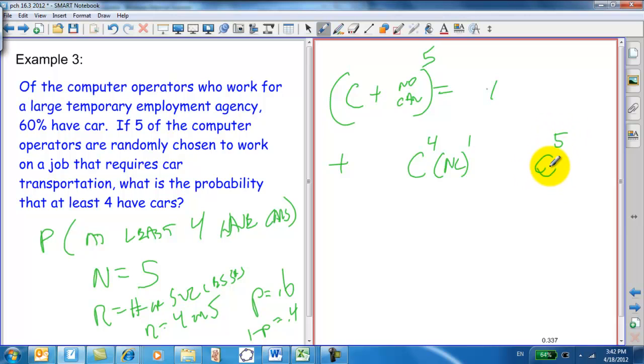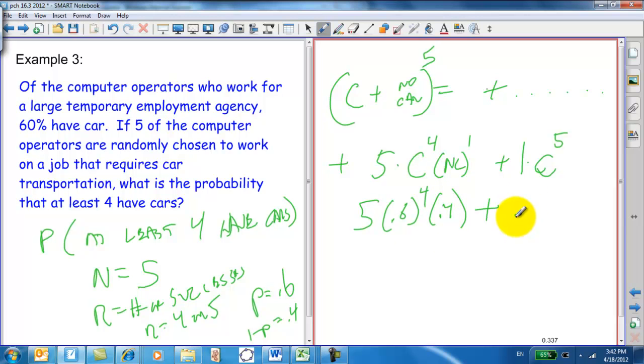And it's toward the end of the expansion where the coefficients would be 1 there and 5 from Pascal's triangle. So I left a lot out, but I only really wanted to know these 2. So it's 5 times the chance of a car is 60%, so 0.6 to the 4th, not a car is 0.4, plus 0.6 to the 5th. And let's calculate those out.